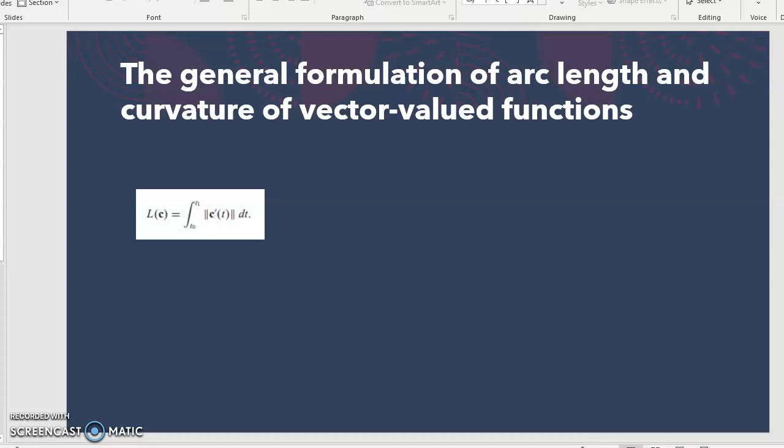There is a question as to whether or not this formula actually corresponds to the true arc length. For example, suppose we take a curve in space and glue a string tightly to it, cutting the string so it exactly fits the curve.